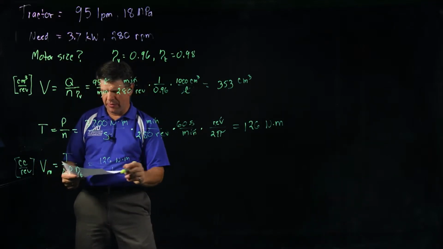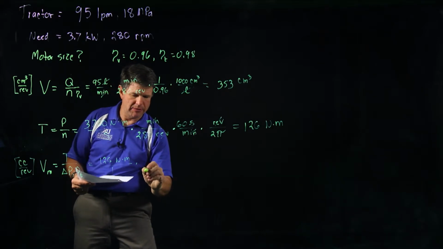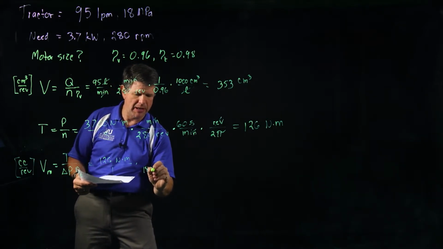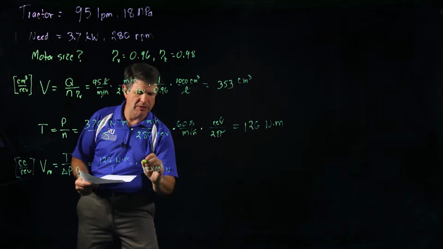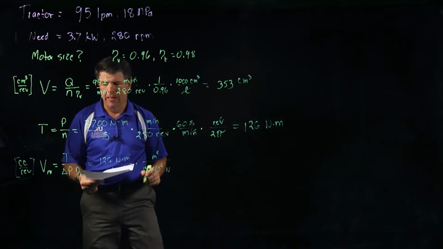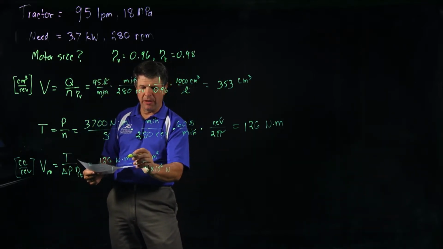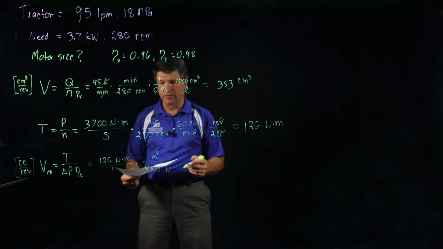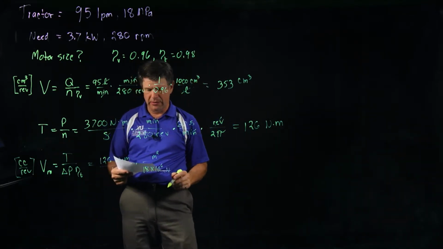Let's see, delta P, the pressure, is 18 megapascals, so I'll say 18 times 10 to the 6th newtons. Pascal is a newton per square meter, so I'll break that down in newton per square meter that we have up there. Oh, look what I got in the numerator already. A square meter there, so that's a cubic length. So hey, there's probably my displacement. Newtons are canceling out. Oh man, I'm about done, aren't I?